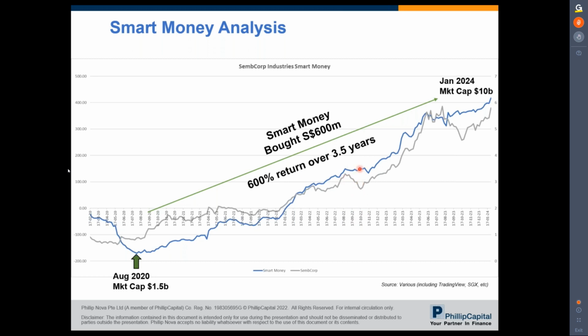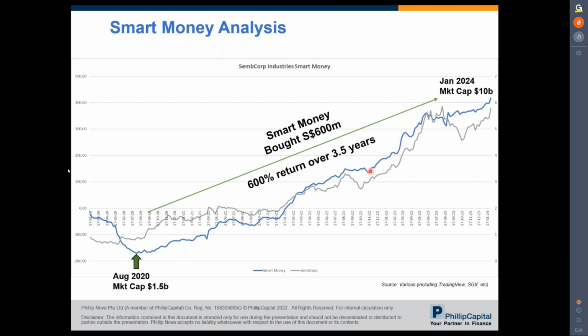In fact, these are the opportunities, one of the ways that we can use the smart money report to sieve out ideas, meaning that the share price comes down, but smart money are continuing going up. So this actually signals to us that the smart money are continuing buying these stocks, or that they still view that there is a potential for the stock to go up. That is why they did not sell out, right?